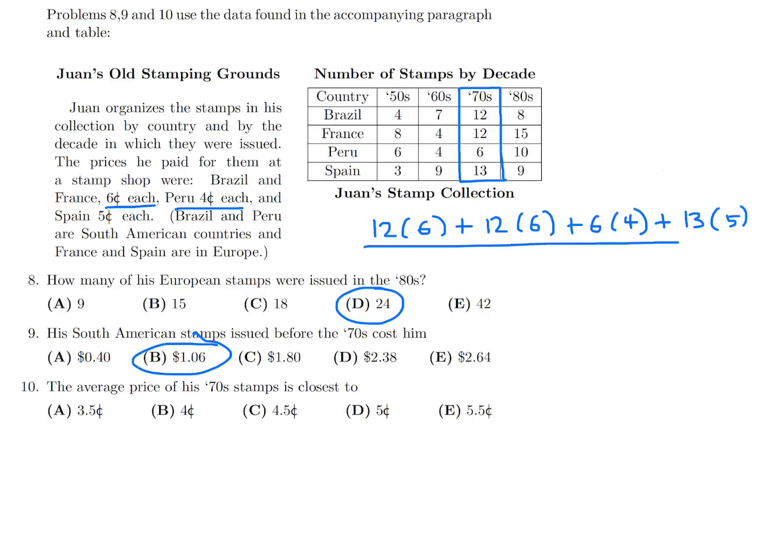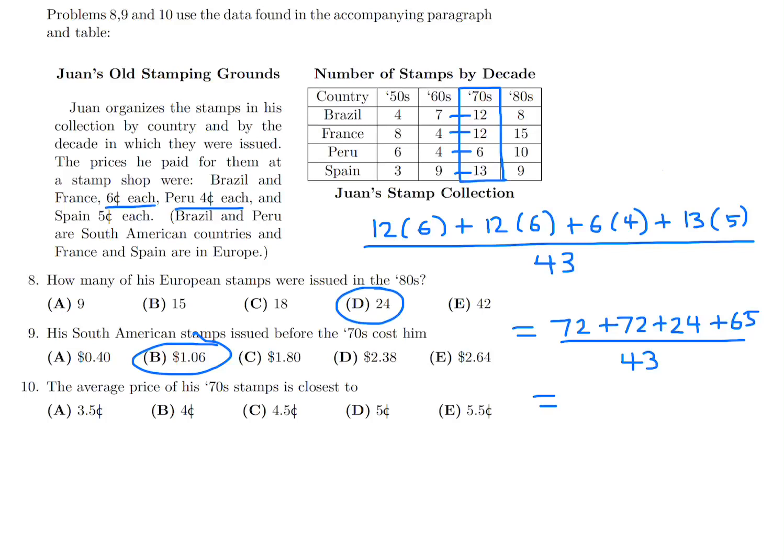And we have to divide by the total number. 12 plus 6 plus 13 is 43, I think. So 12 times 6 is 72, 12 times 6 is 72, 6 times 4 is 24, and 13 times 5 is 65, all over 43.